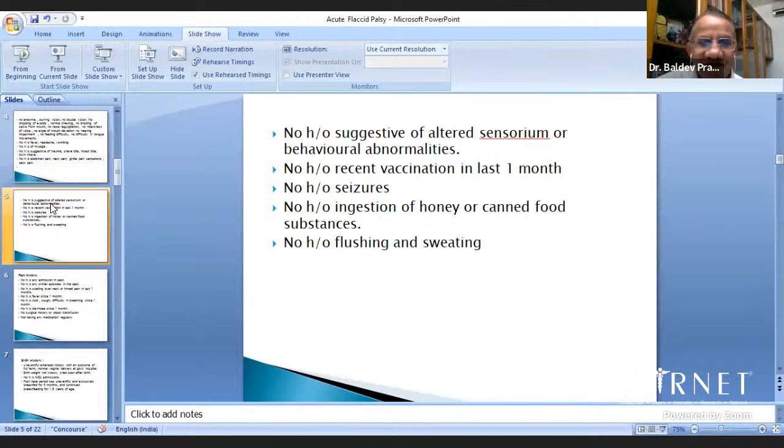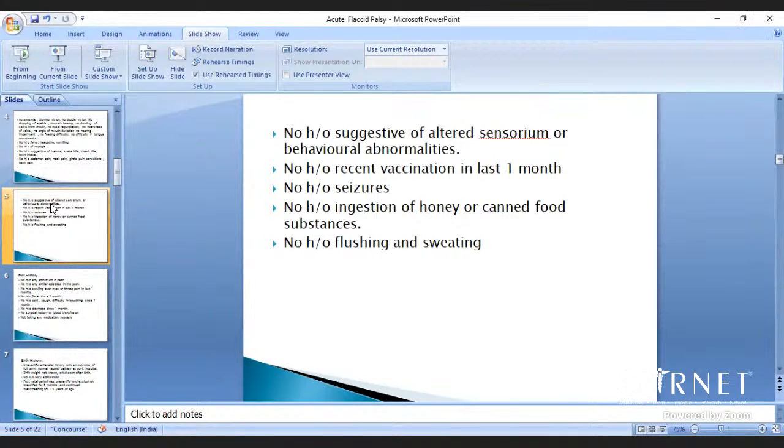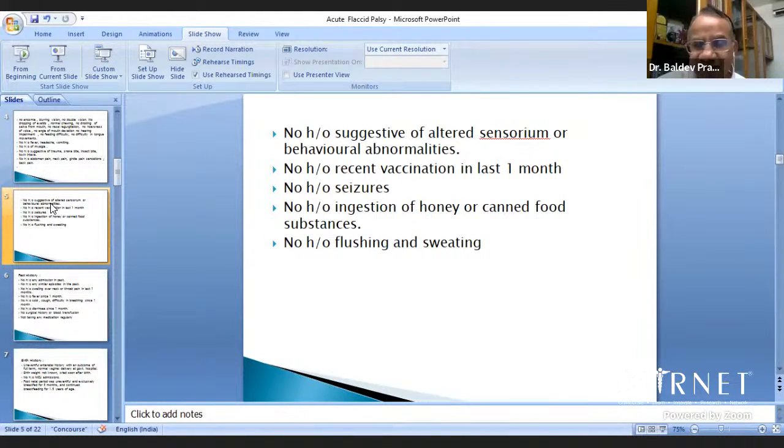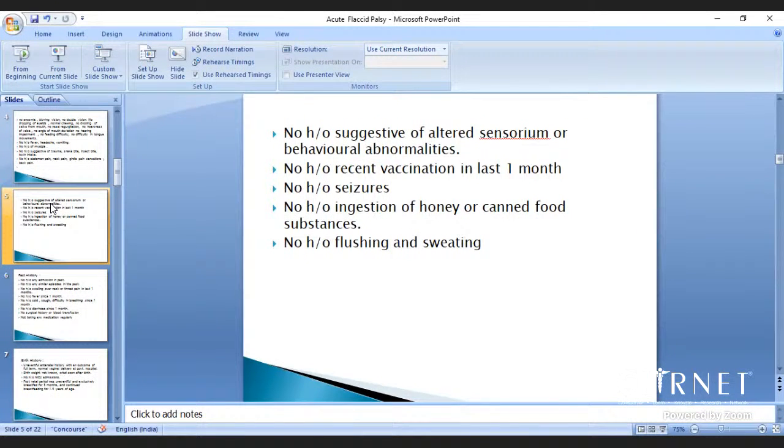Can you interact, he has mentioned recent vaccination. How is it relevant in this case? Sir, post-vaccination acute flaccid paralysis. Can you give some examples? Which vaccine? DPT booster, he might have taken a DPT booster for that.